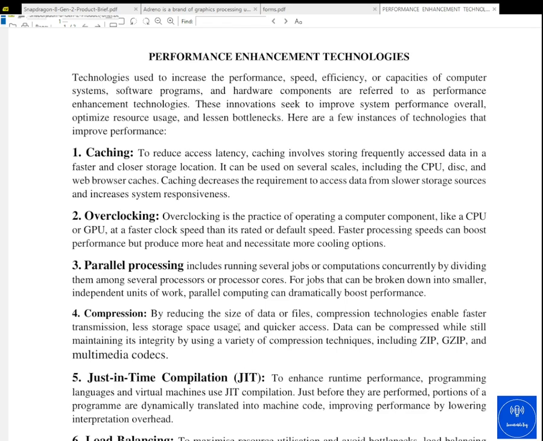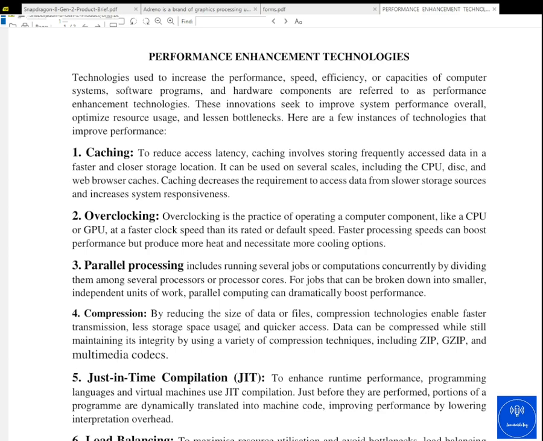Now, second of all, we have what we call overclocking. So overclocking is basically the practice of operating a computer component like a CPU or a GPU at a faster clock speed than its rated speed. Okay, so faster processing speed can boost or improve the performance by making sure the commands are executed faster.